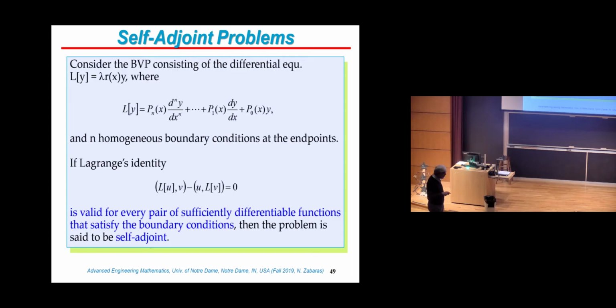And for those who like to know more things, for example, students who are going to work in robotics or in control theory, the adjoint operators are fundamental to computing gradients of functions. And so you will see in optimal control theory, you always work with adjoint operators.